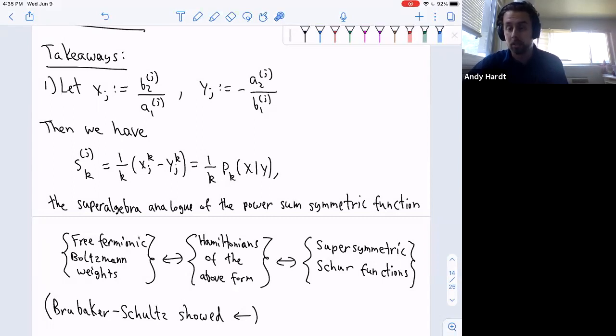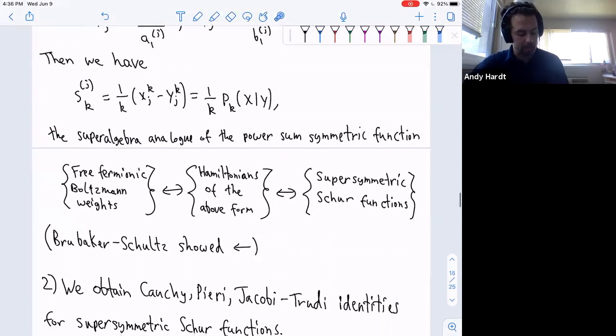Brubaker and Schultz showed part of this. They took these supersymmetric Schur functions and showed that we get Hamiltonians that match with lattice models. And I've done the reverse, where it turns out that all lattice models that have Hamiltonians, aka all free fermionic Boltzmann weights, have to be supersymmetric Schur functions.